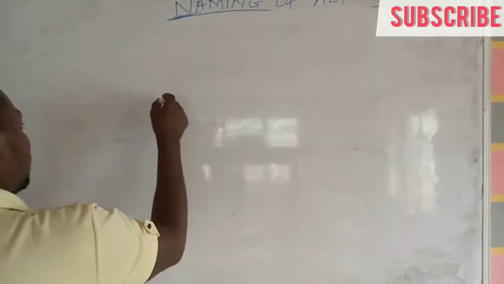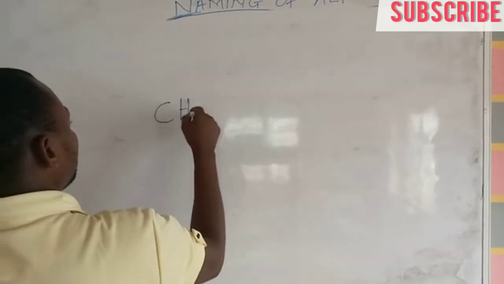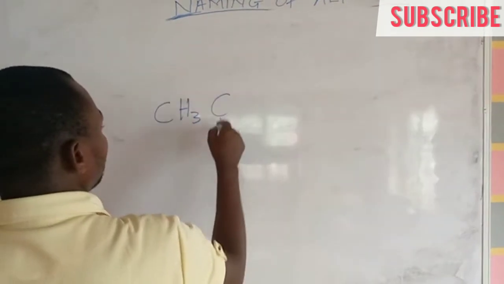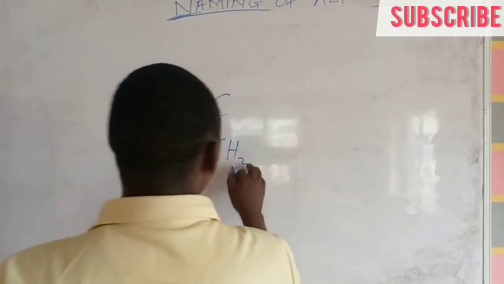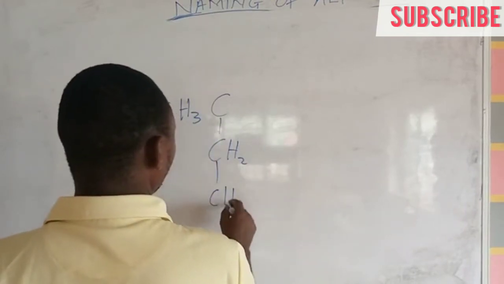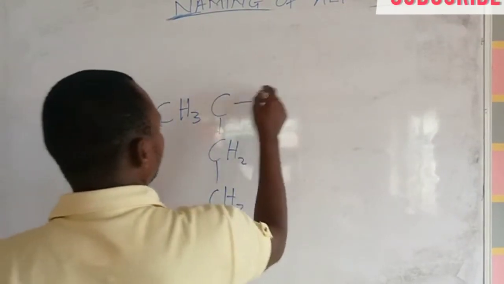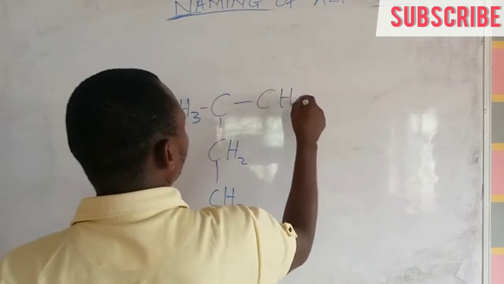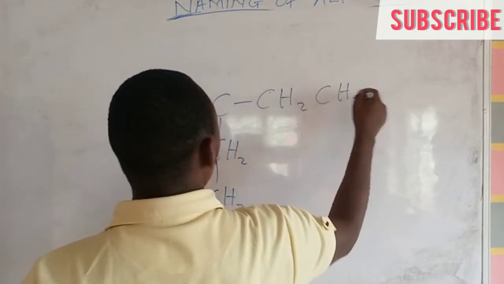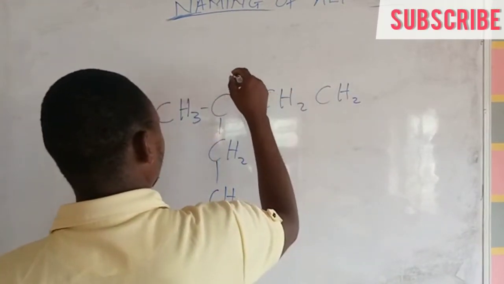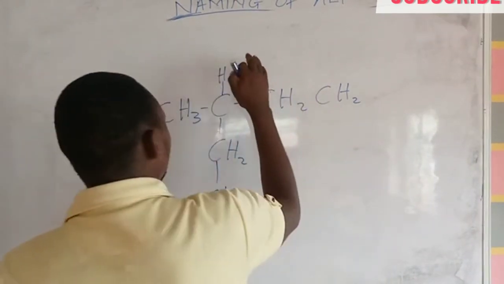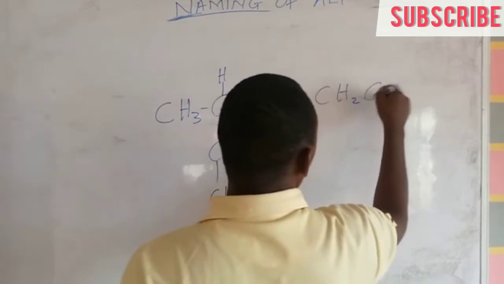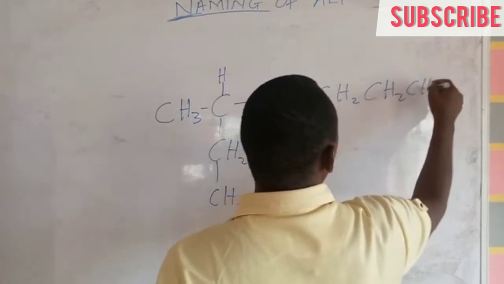So another one that we name is this. I have a CH3, CH2, CH3, CH2, CH2, CH2, CH3.